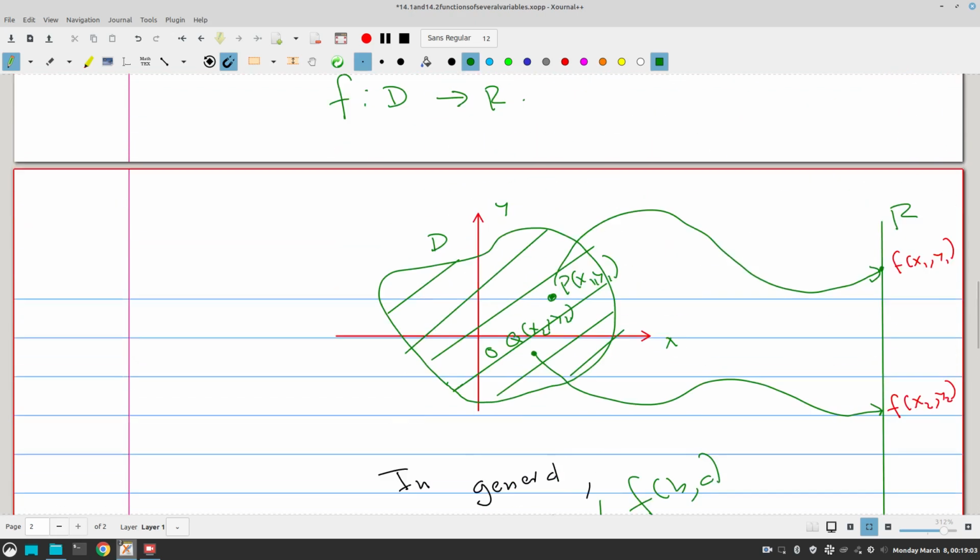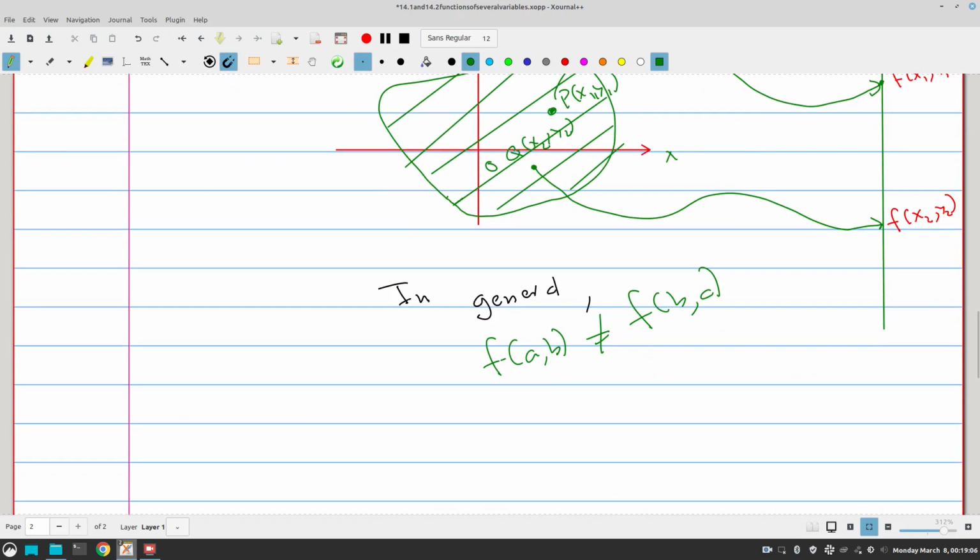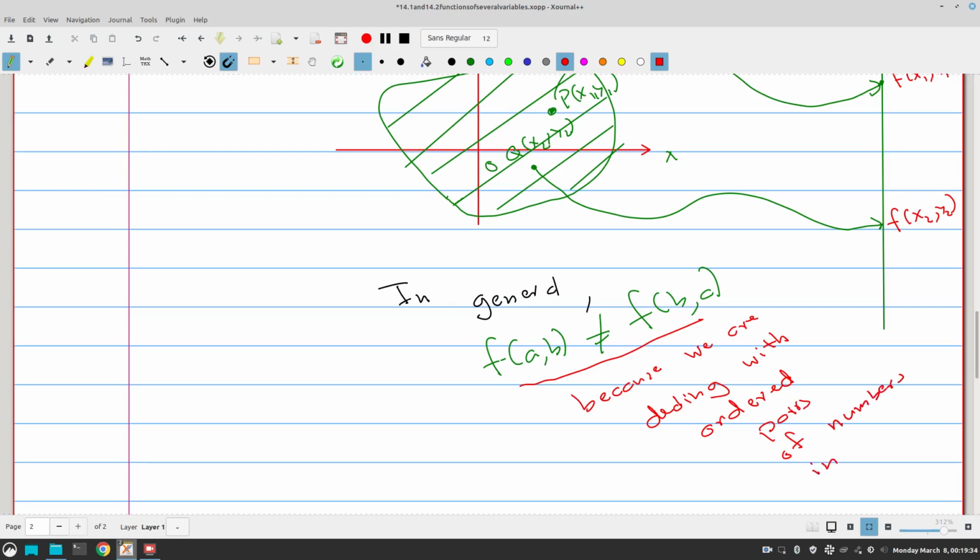This is important to keep in mind. Why is that? Because remember that we are dealing with ordered pairs of numbers in our domain.